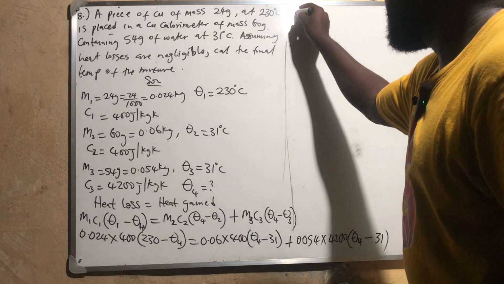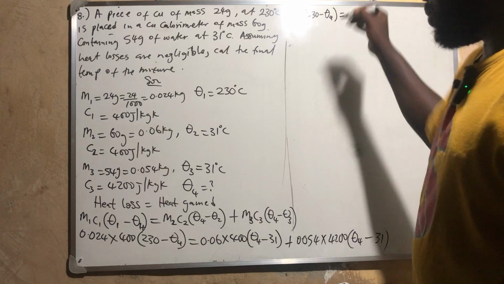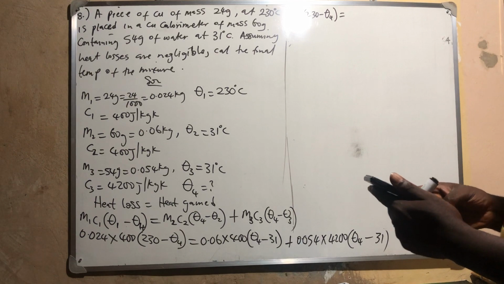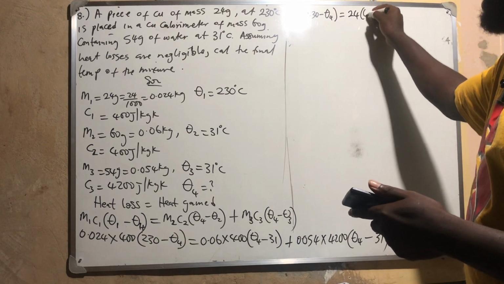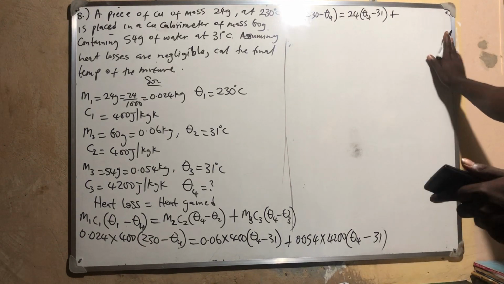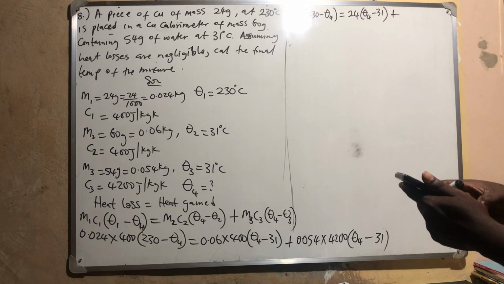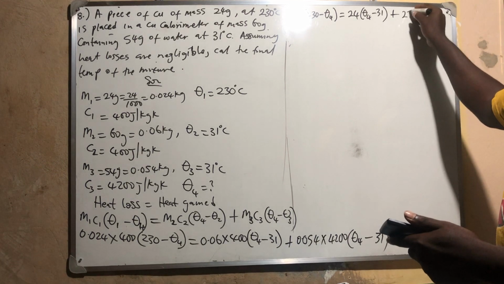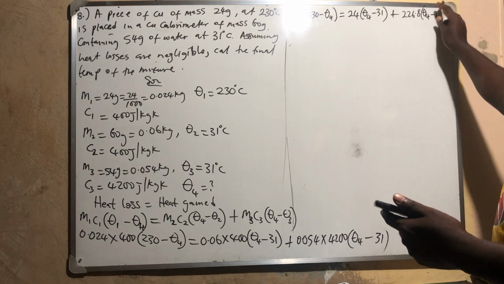I'm going to have 9.6 in bracket of 230 minus theta 4, is equal to, open the other one, 0.06 times 400, I'm going to have 24. 24 in bracket of theta 4 minus 31. Okay? Plus, let's do the other one. 0.054 times 4,200, I'm having 226.8 in bracket of theta 4 minus 31.